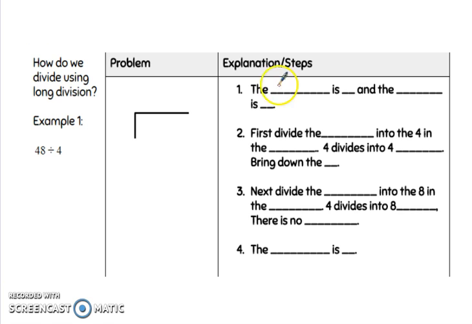The dividend, and please fill this in, the dividend is 48, and the divisor is 4. So the dividend is the number on the inside, the divisor is a number on the outside.